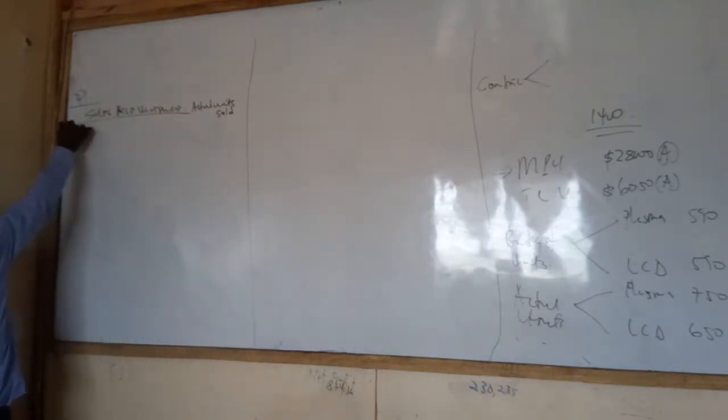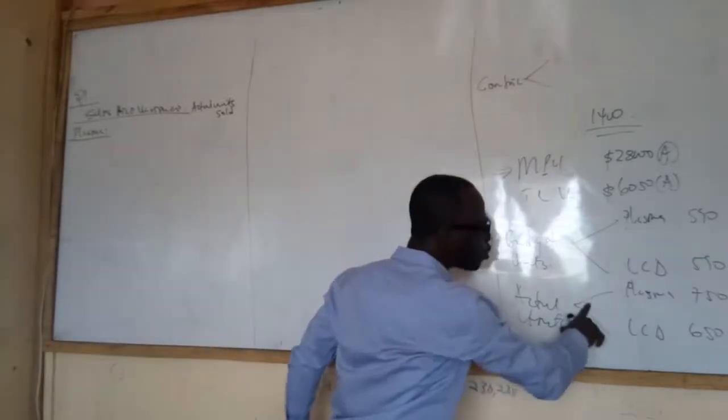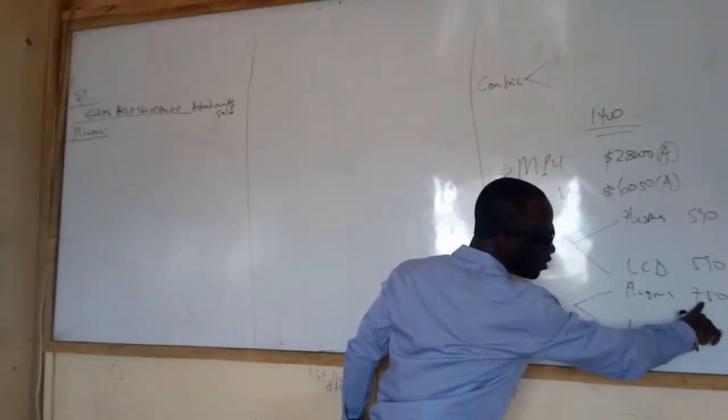For plasma TVs, the actual sales is 750.